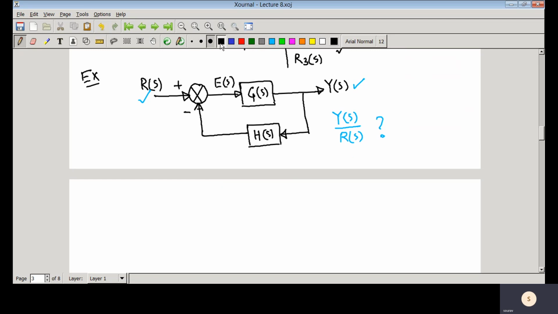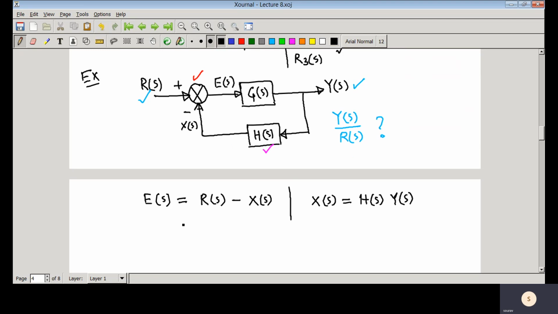You can see here that at the comparator, E(s) equals R(s) minus, suppose this signal is X(s), so R(s) minus X(s), and this X(s) is equal to H(s) into Y(s).